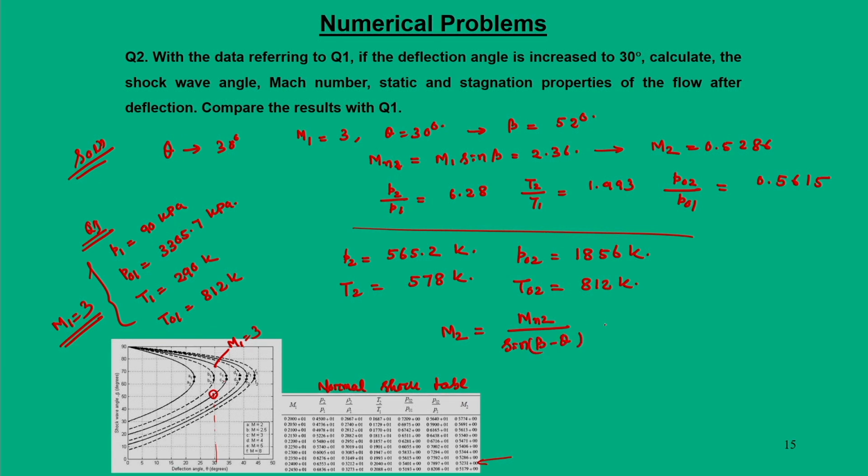So, beta minus theta is now 52 minus 30, 22 degree. So, this will give you the value M2 of 1.41.